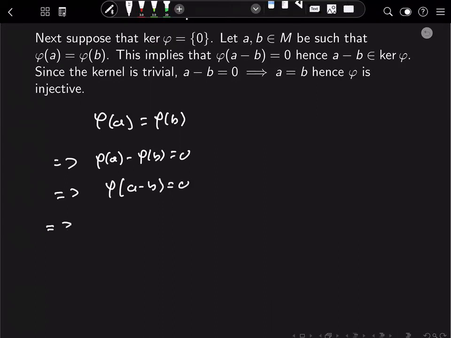That implies that A minus B is in the kernel of phi, but we know that the kernel of phi is trivial, so A minus B has to be equal to 0, which implies that A is equal to B. This is the standard proof that if the kernel is trivial, then phi is an injection. So that's the standard way to go about this.